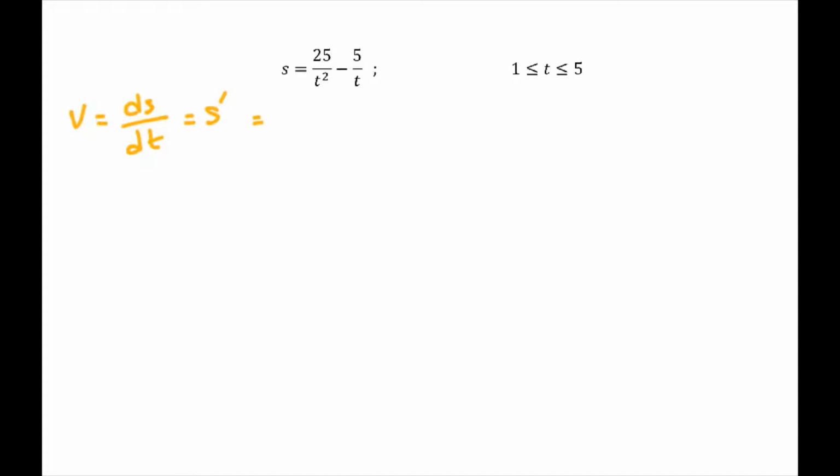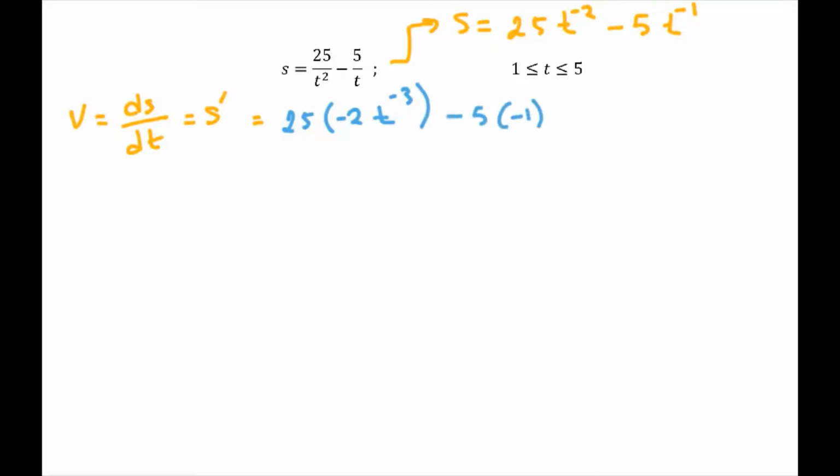We need to find the derivative here, but I'm going to first rewrite it as S equals 25 t to the power of negative 2 minus 5 t to the power of negative 1 to make it easy for me to find the derivative, which is going to be equal to 25 times negative 2 t to the power of negative 2 minus 1, which is negative 3, minus 5 times negative 1 times t to the power of negative 1 minus 1, which is negative 2.